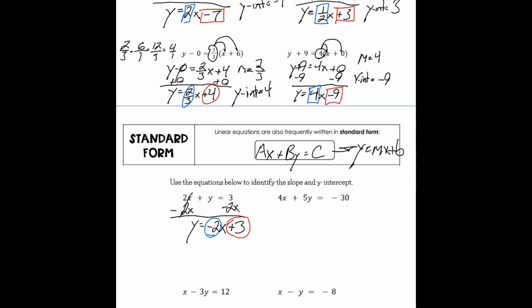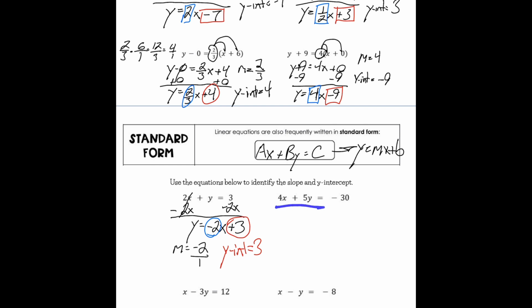My slope is negative 2, or negative 2 over 1. And my y-intercept is 3. All right, let's go to the next one.